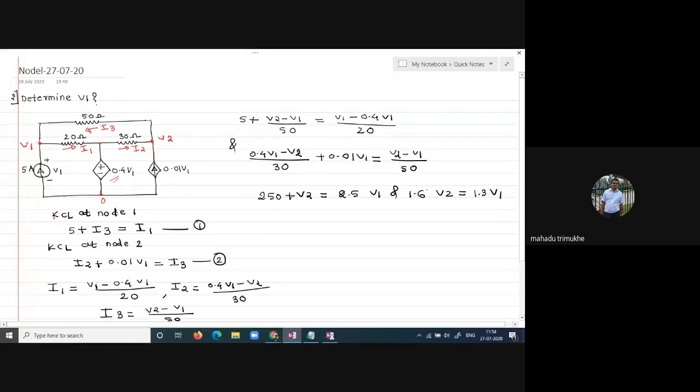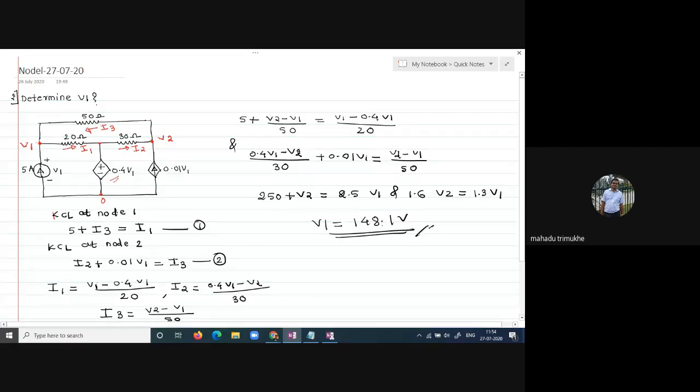So solving these equations, the voltage V1 obtained is equal to 148.1. But you will get V1 after solving.